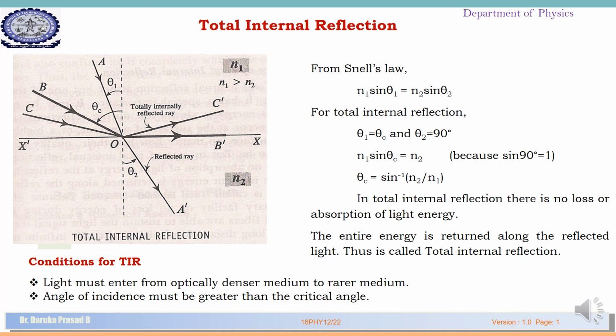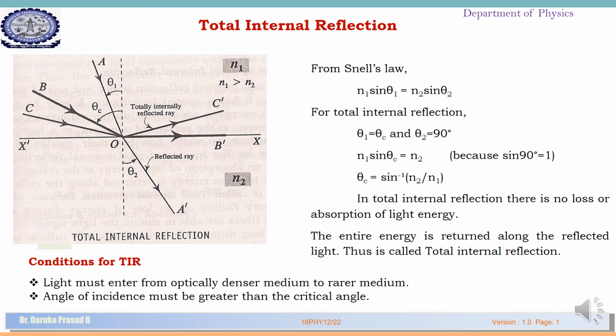The refractive index of the first medium, N1, multiplied by the sine of the angle of incidence in that medium, theta 1, should be equal to the refractive index of the second medium, N2, into the sine of the angle of refraction, theta 2. So you get this equation from Snell's law: N1 sine theta 1 equals N2 sine theta 2.